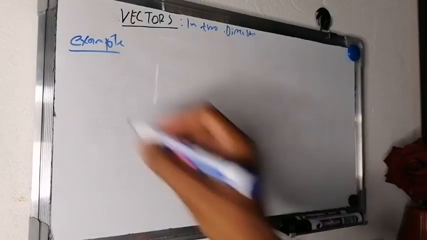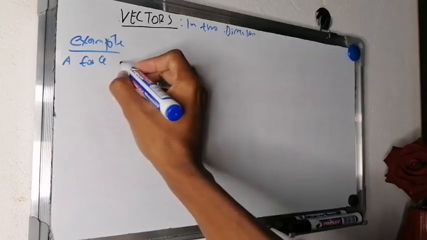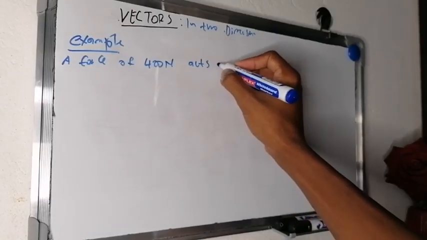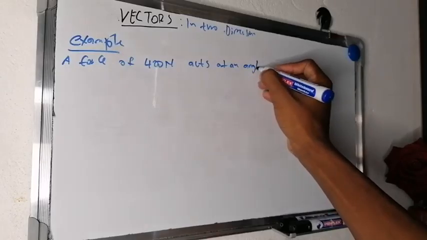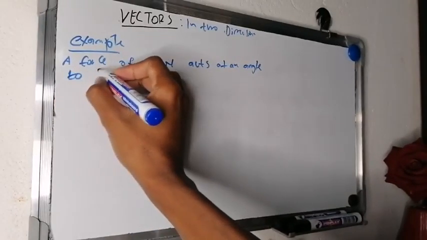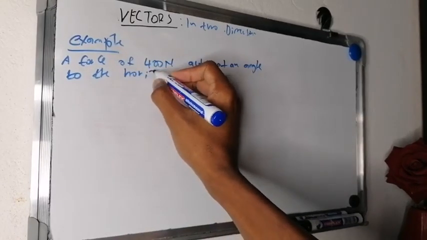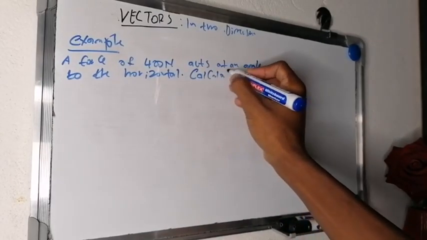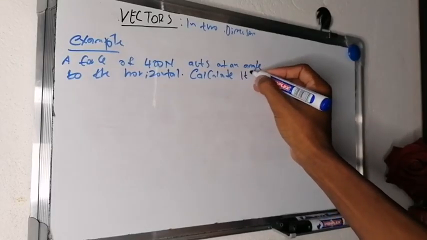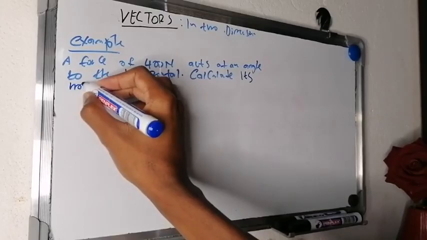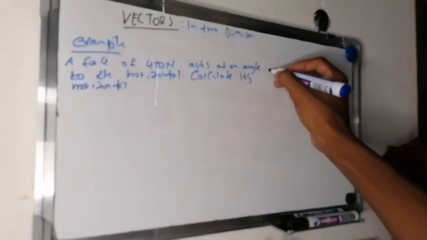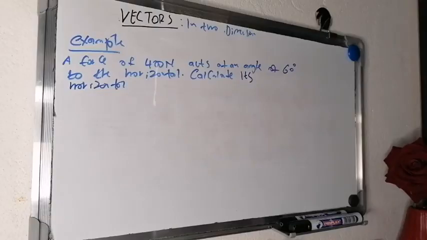In this example, we are told a force of 400 Newton acts at an angle of 60 degrees to the horizontal.